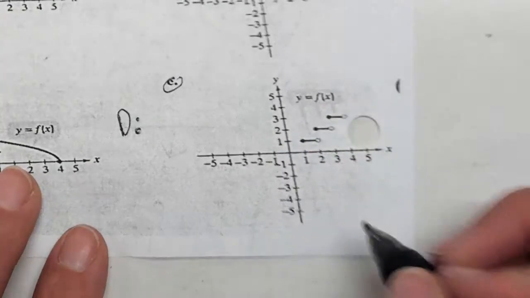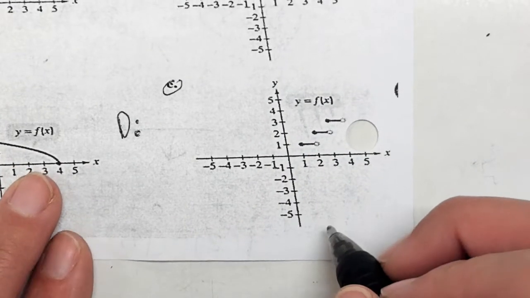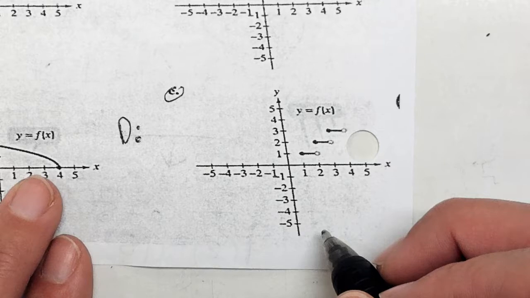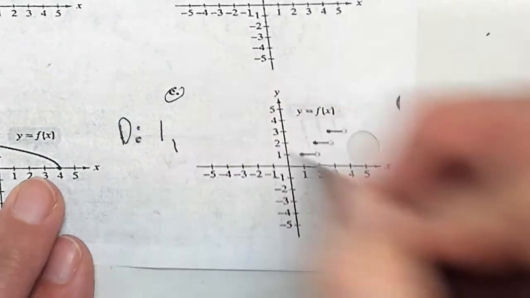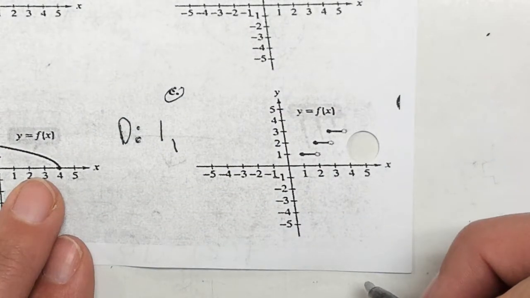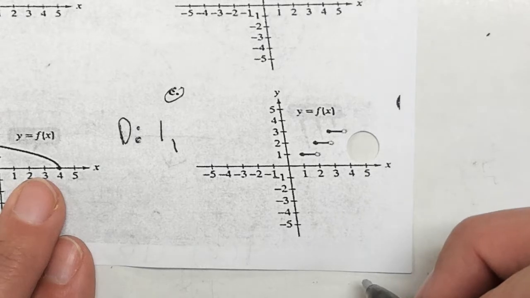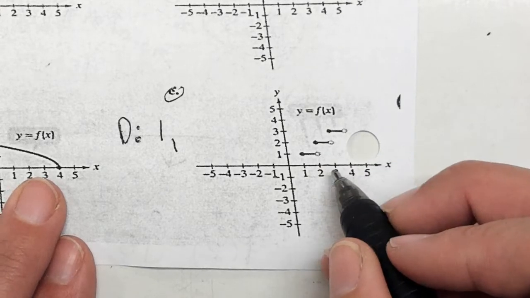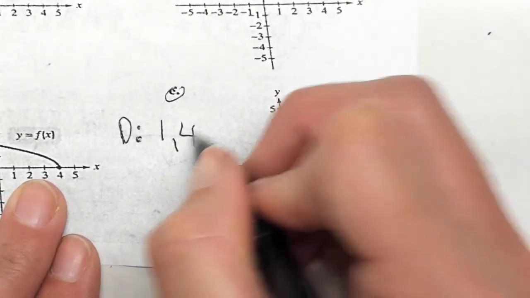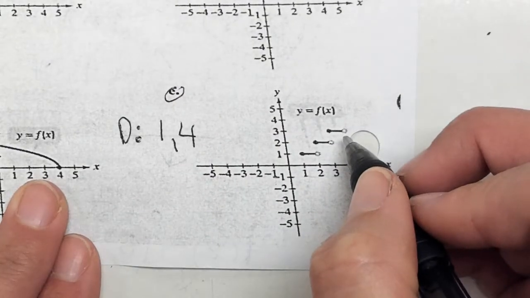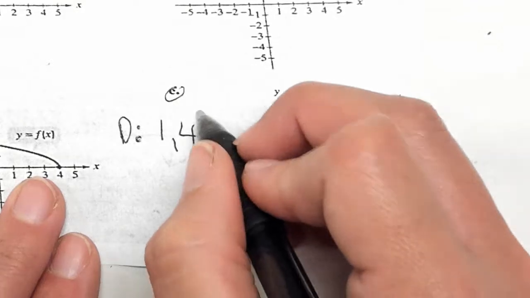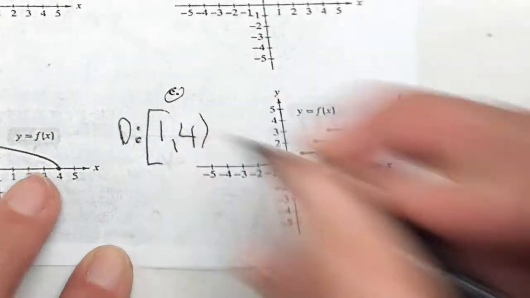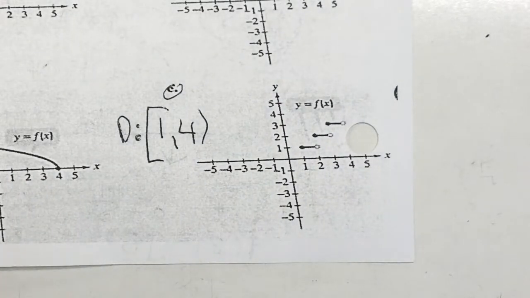Kaya, how far left does this go? Good. Where does it stop? There's a closed circle right here, but it does go to 4. We just have to put what around the 4? Parentheses. Good. And let's talk about this one. We have to make sure that it hits every X value from 1 to 4 if we're going to put it from 1 to 4, right?